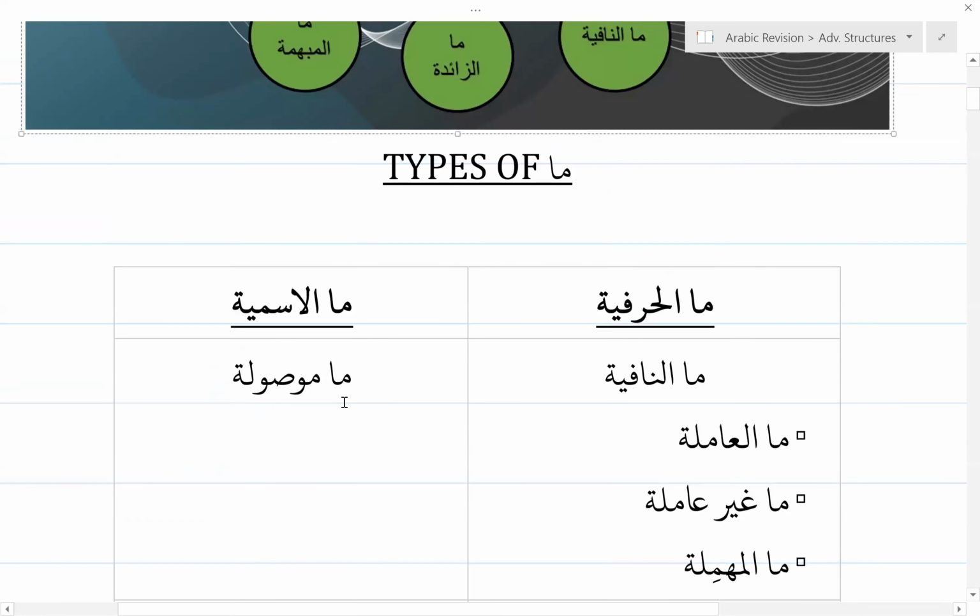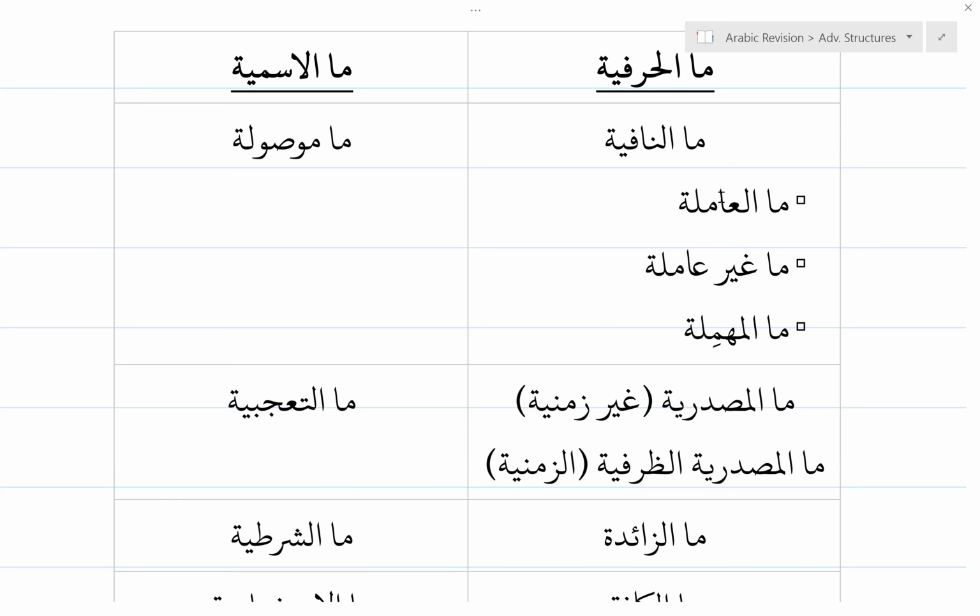And we will take a look at what all that means. So there are 3 kinds of ma of negation, and all of them are huruf, they're harf. So that's important to know. Then also ma masdariya. When we were talking about masdar mu'awwal, complex ism, we discussed briefly about ما مصدرية.